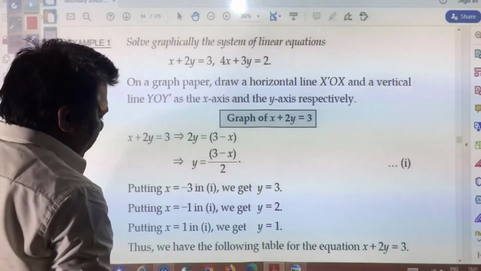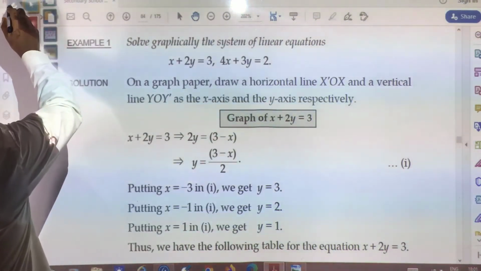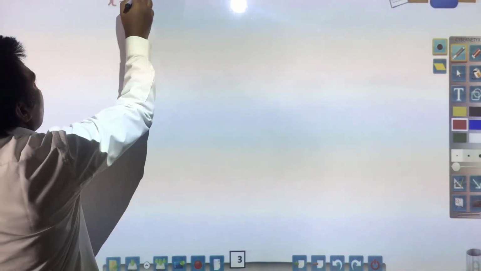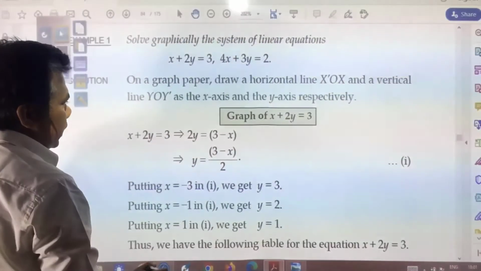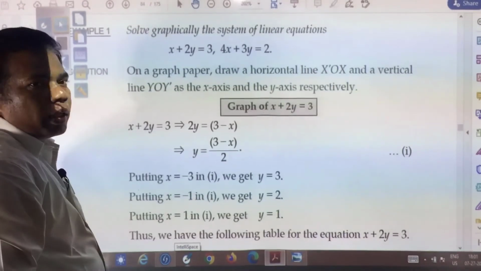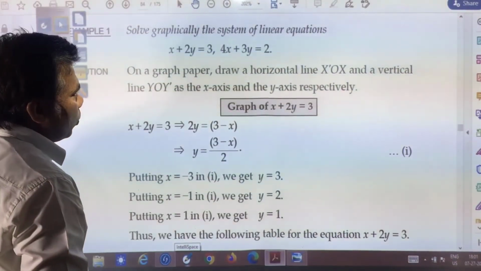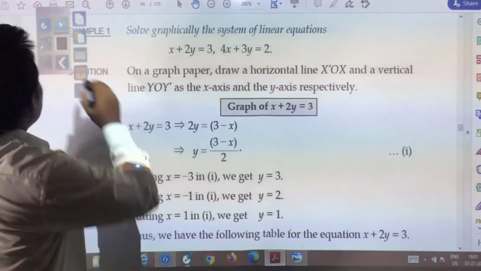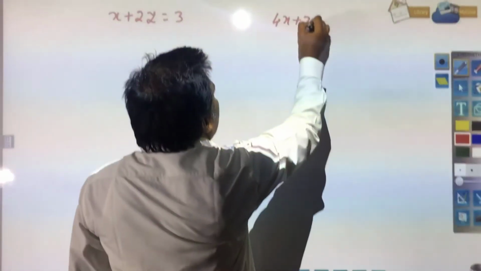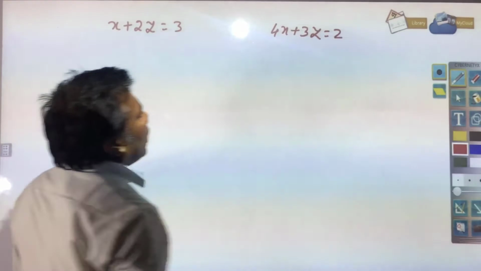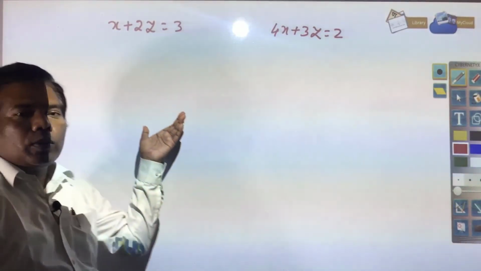We have the first equation x + 2y = 3, and the second equation 4x + 3y = 2. Now, we will see how it is to be solved.